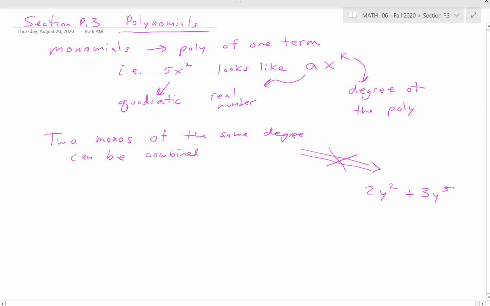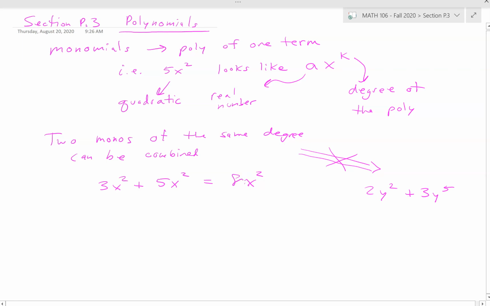Okay? But something like 3x squared plus 5x squared, you can combine those. So when the degrees are the same, your final answer is going to have that exact same variable raised to that same exponent. And then you just add the coefficients. So that would be 8x squared.